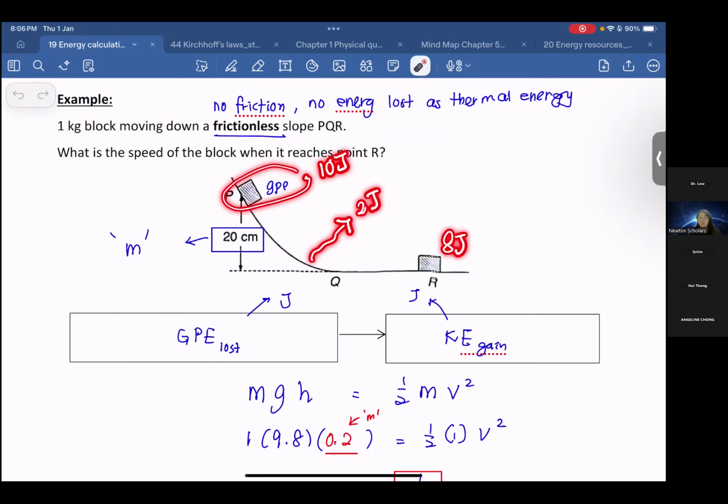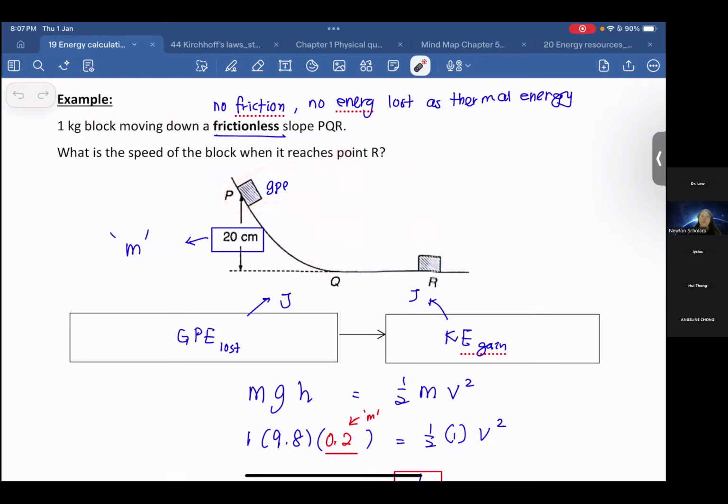We get 8 joule. The rest of the energy, 8 joule, comes to position R. So we still obey conservation of energy: 10 joule is equal to 8 joule plus 2 joule. The 2 joule is lost to the surrounding because of the friction. They have some work done to overcome the friction.